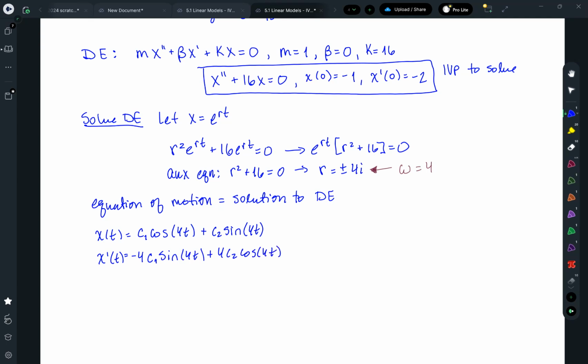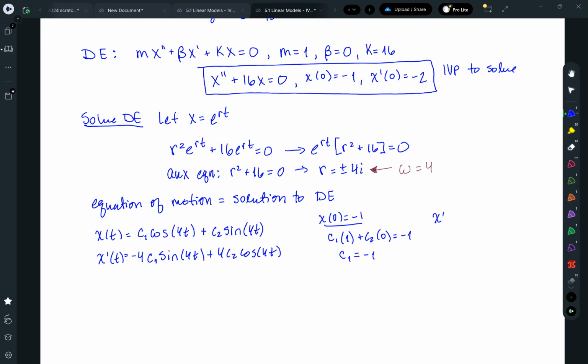Okay, so we're going to apply x of 0 is -1. That's going to give me c1 cosine of 0 is 1 plus c2 sine of 0 is 0. This is all equal to -1, which means c1 is -1.